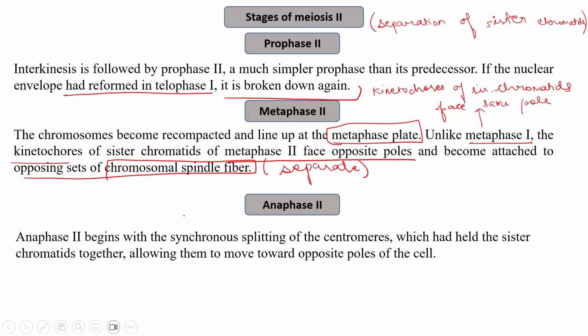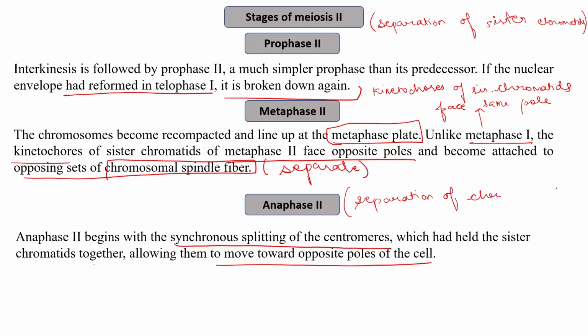Anaphase 2 begins with the synchronous splitting of the centromeres, which had held the sister chromatids together, therefore allowing them to move towards the opposite poles. So basically the sister chromatids that were earlier together are separated.